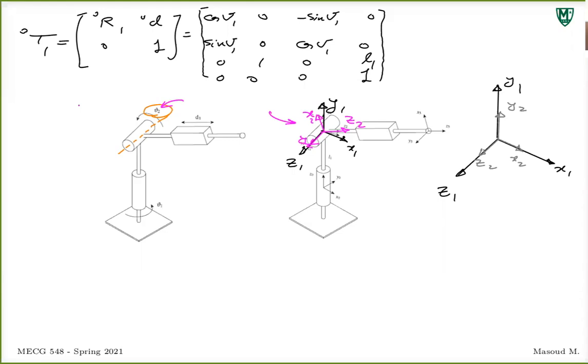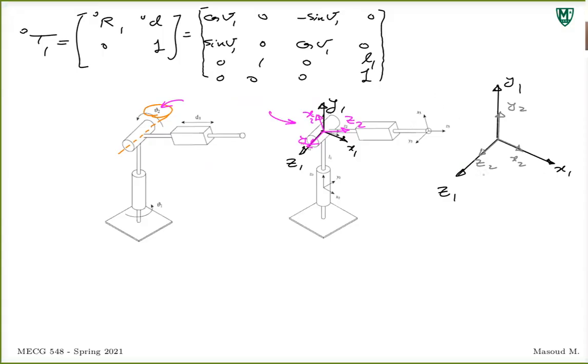So a couple of ways you can do that. One way is to do one rotation. There's two ways I see. To do one rotation about Z1 for 90 degrees and another one about Y1.